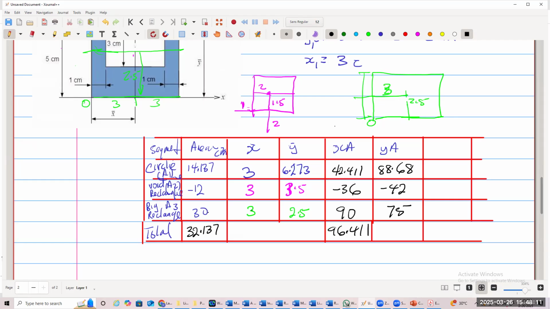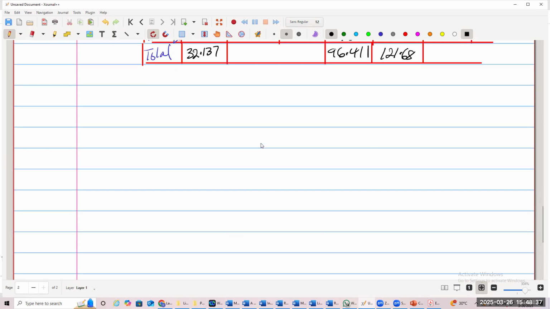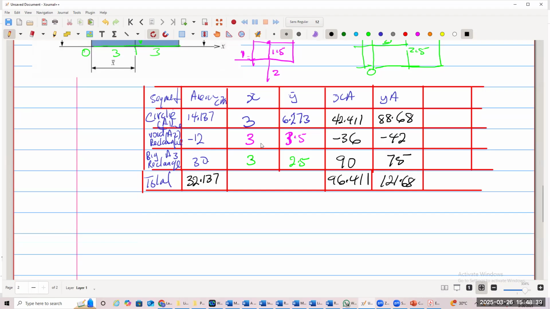All right. What about the next one now? Remember the minus. So that one should be about 121.68. All right. So from that now, you can find the centroid, which they wanted to find.